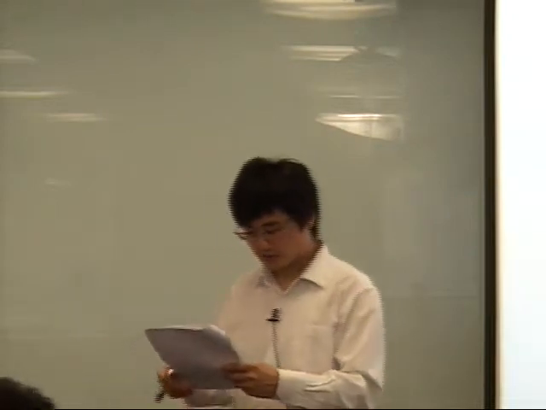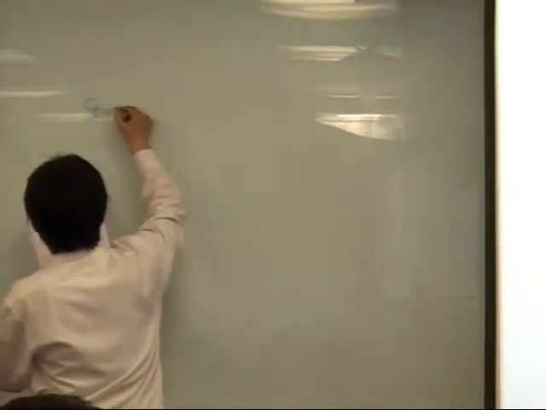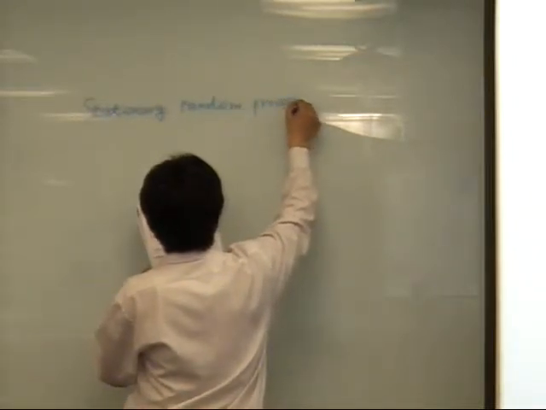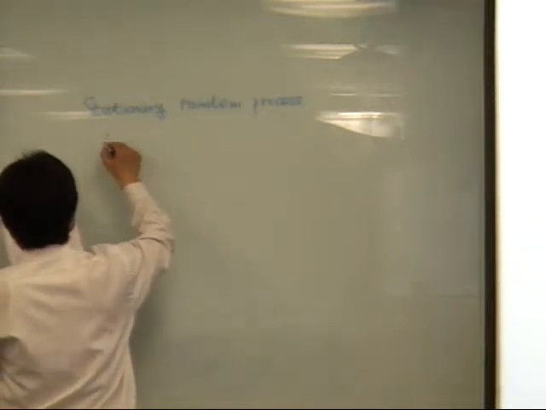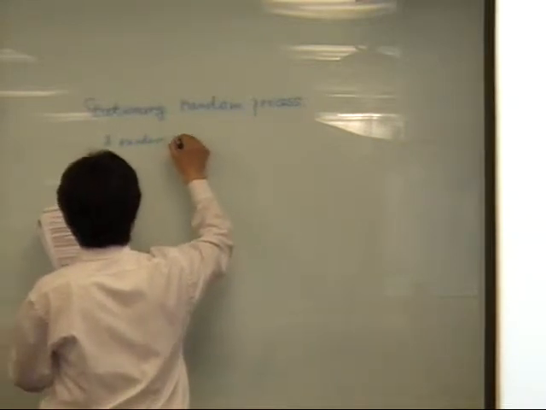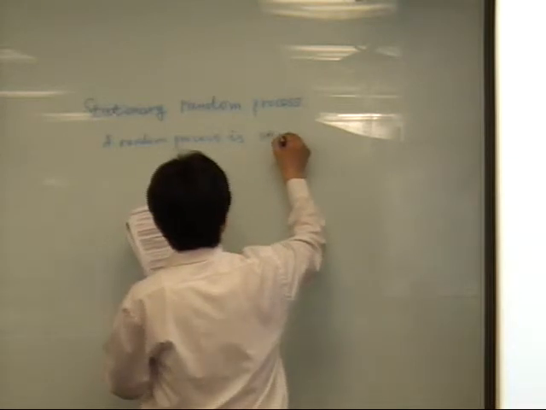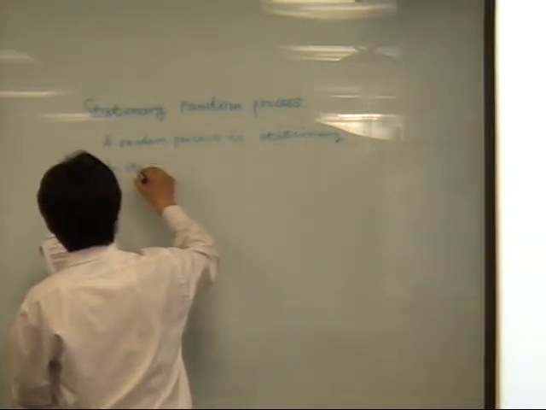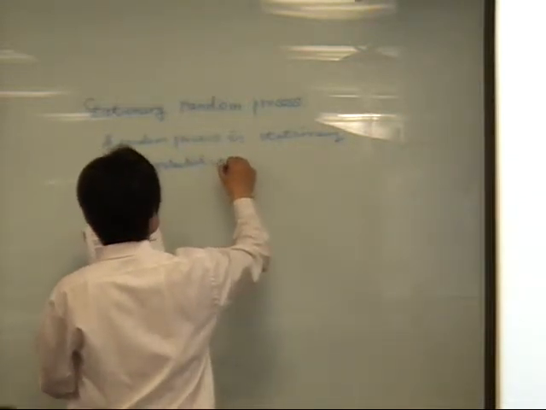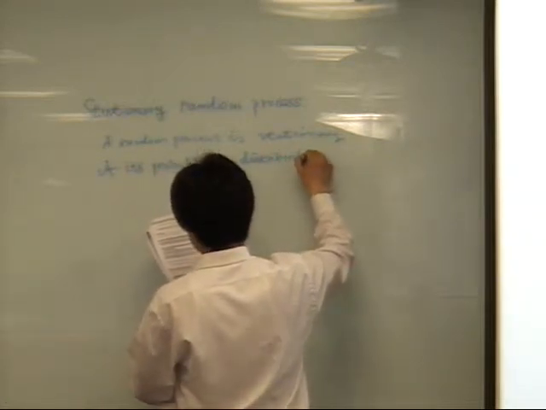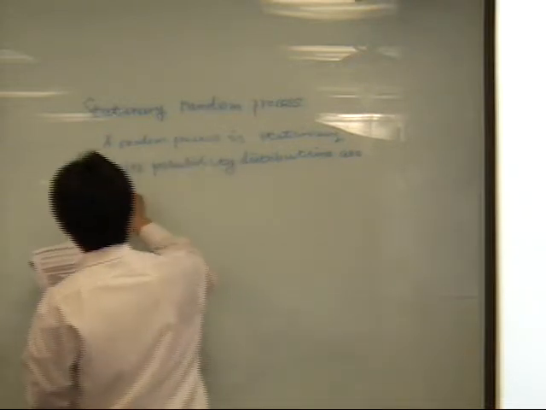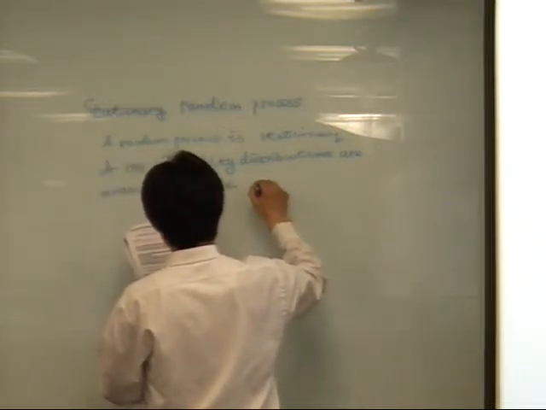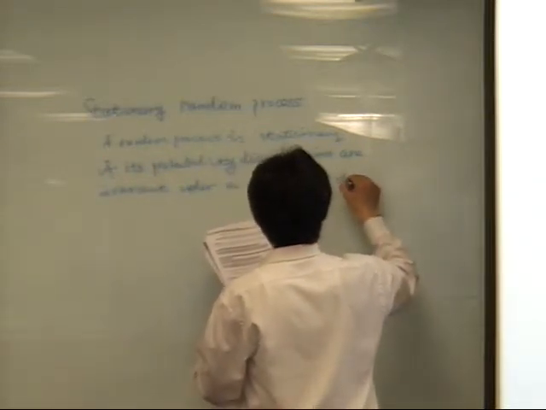A random process is stationary if its probability distributions are invariant, means unchanged, under a shift of the time scale.